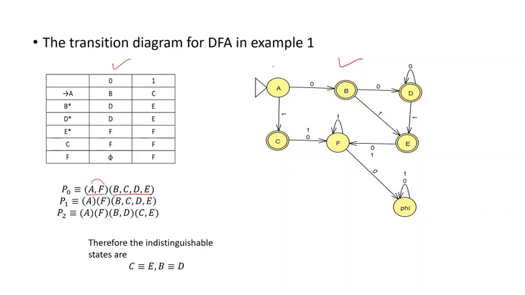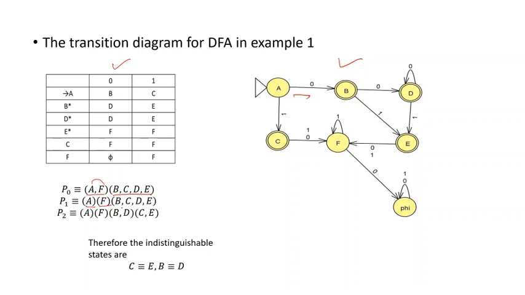You can see that from A, upon taking 0, we reach B, and on 1, C. For F, on taking 1, it goes to F, and at 0, it goes to 5. So it can never happen that two states reach the final state taking the same string. So A and F are distinguishable states, so we divided it into two partitions.